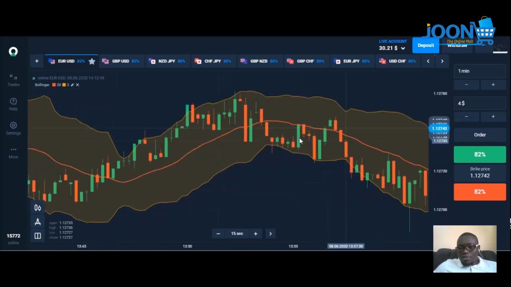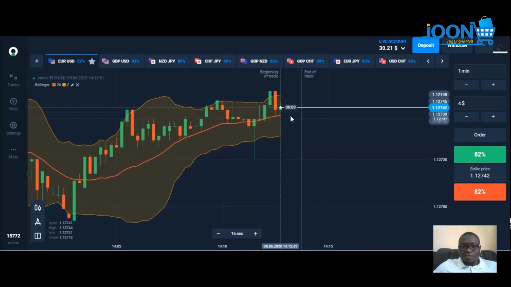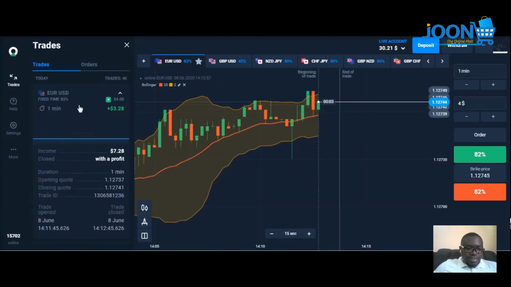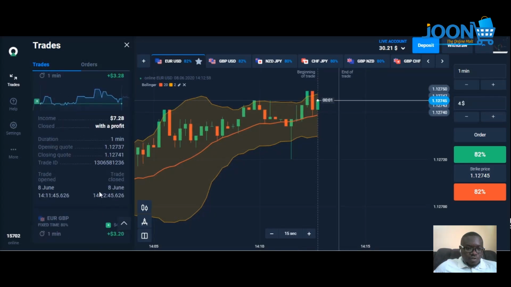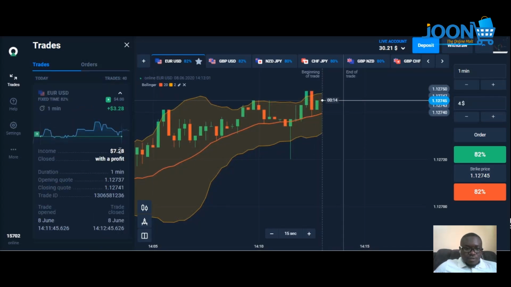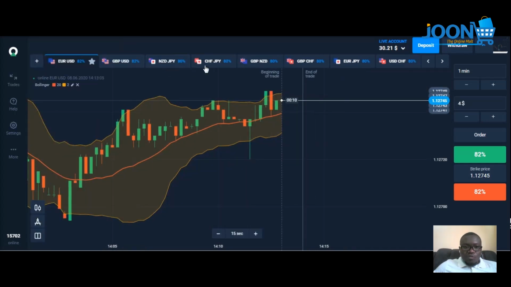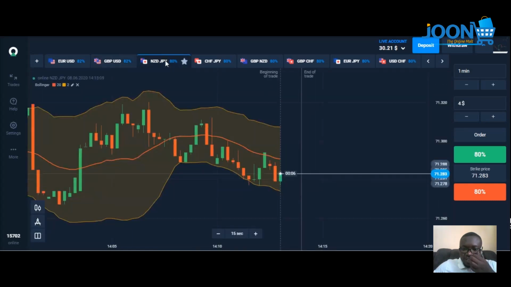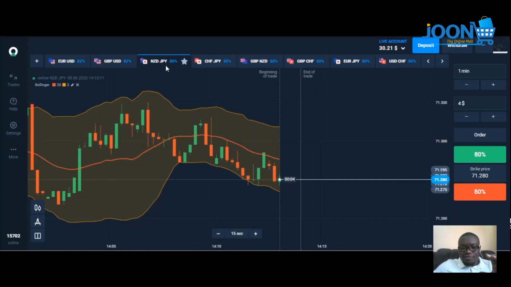We've just won on whatever we checked here. Let's just check it out. So here it is, we've won. Again, we'll move to the next asset and the next and the next, finding if there is any breakout that is happening, then we take advantage of that opportunity and trade.